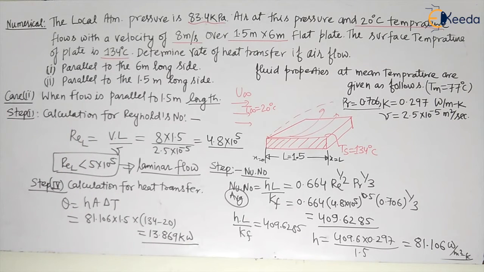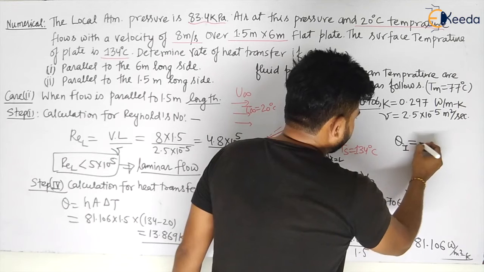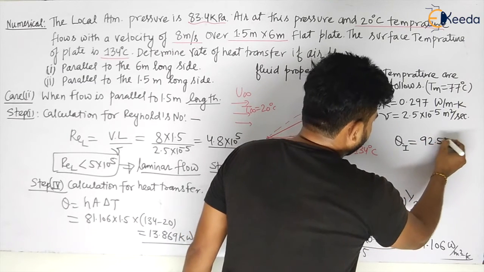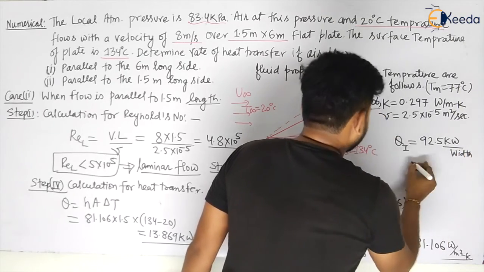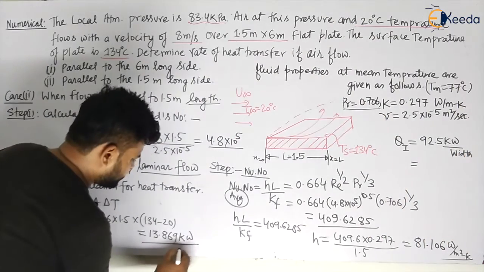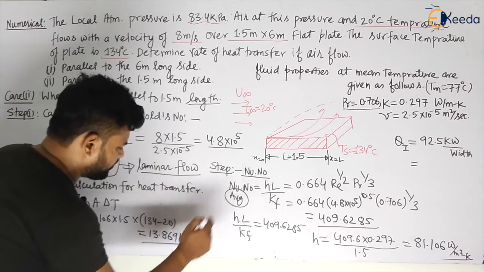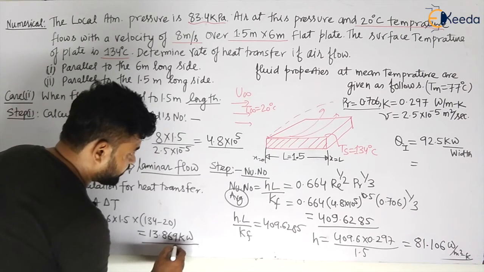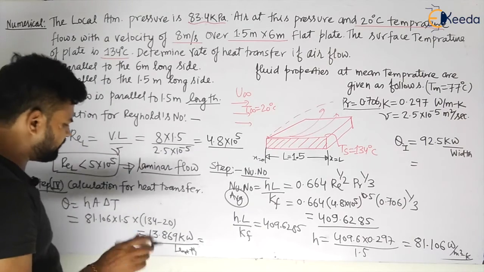And in the previous case, how much was the heat transfer? That was 92.5 kilowatt in the first case, and that was per unit width. So if I calculate the total, let us multiply by length also.